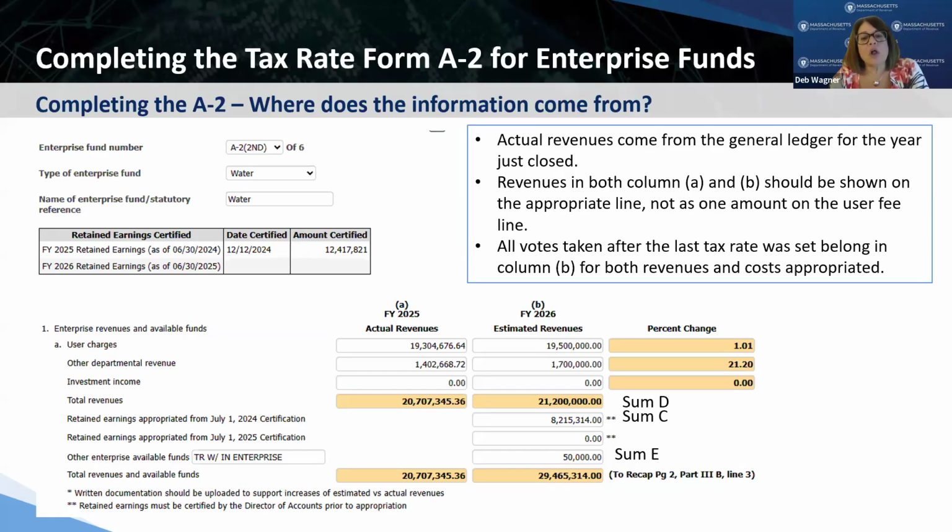And that's all of the votes that are coded with a D, total that. And then all of the retained earnings votes that you saw, total the amount that is in the retained earnings appropriation appropriated from July 1st, 2024 certification.